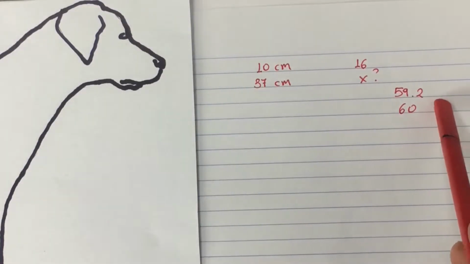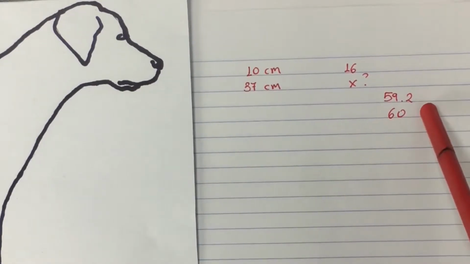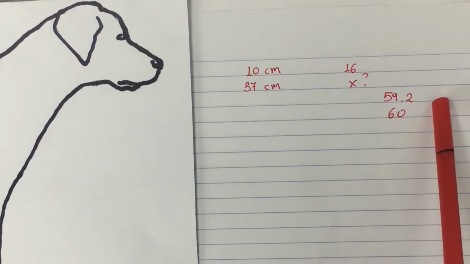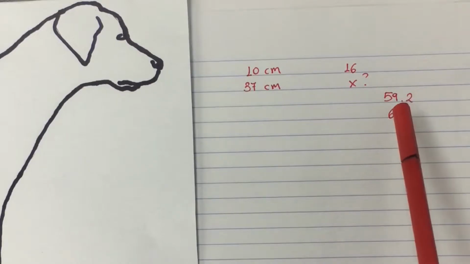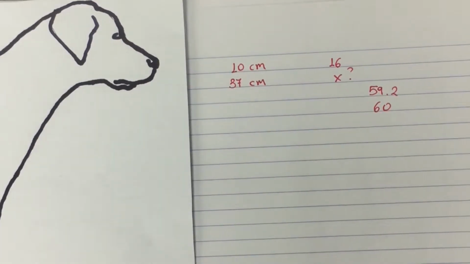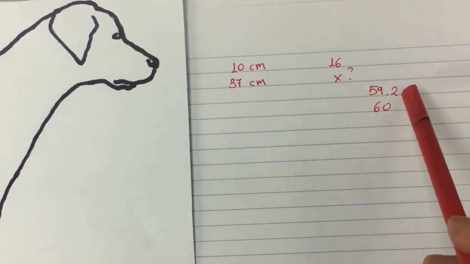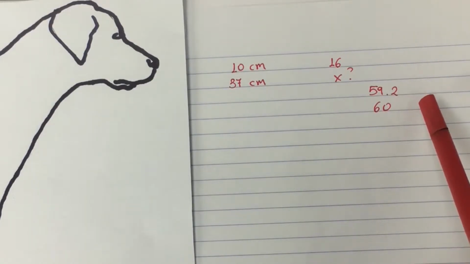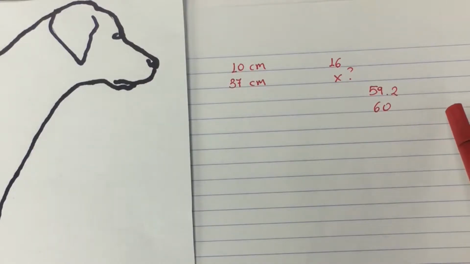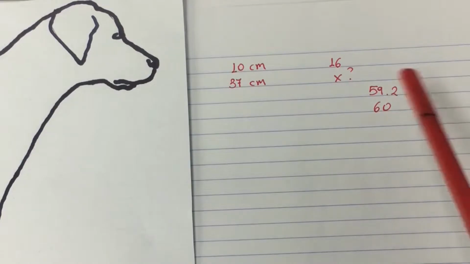As a rule, if the decimal number you get from the calculations is less than 5, you go down to the previous number. So here I'm supposed to use 59 stitches. If the decimal is bigger than 5, then we round up to the next number.